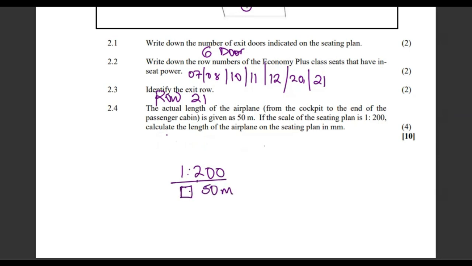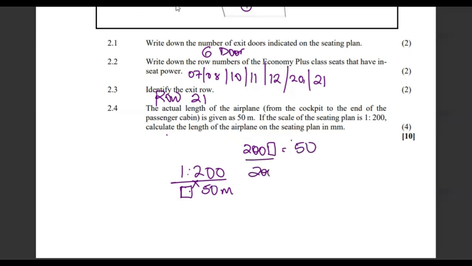What is it on paper? Cross multiply. So the answer becomes 200 equals 50. 50 is the measurement in real life.